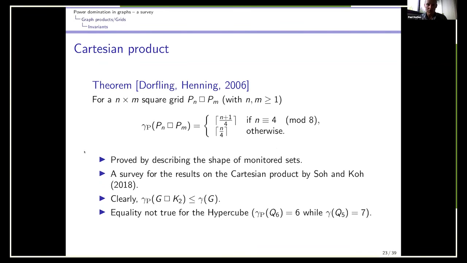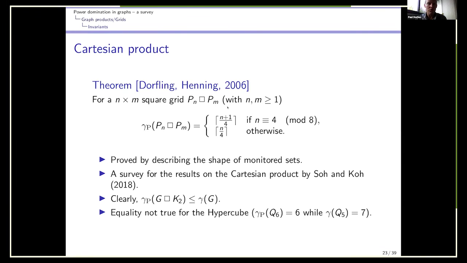So the bound for the Cartesian product is a bit ugly, but not so much. If you have Pn times Pm, you should suppose that n is fewer than m, which is not appearing on my slide, which is not good.